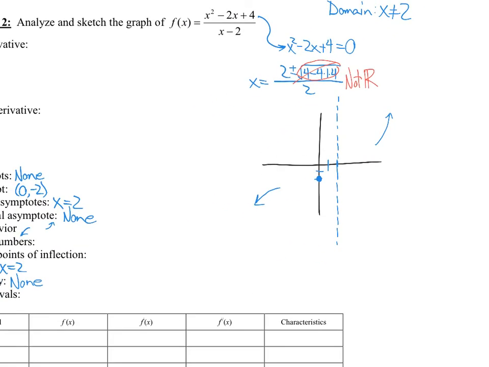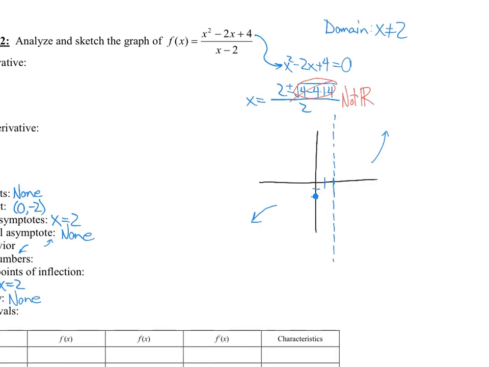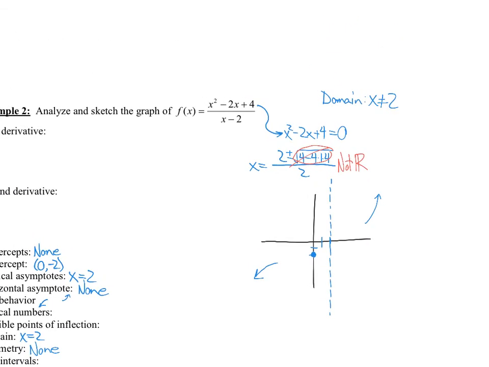the slant asymptote, okay? So I'm gonna take that numerator. And guys, you can do synthetic division or you can do long division. Either way works for you. I'm gonna do this here.